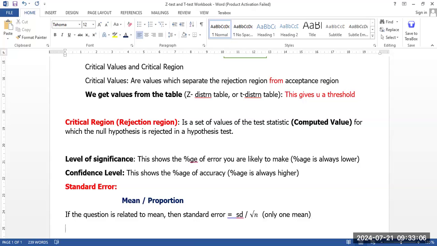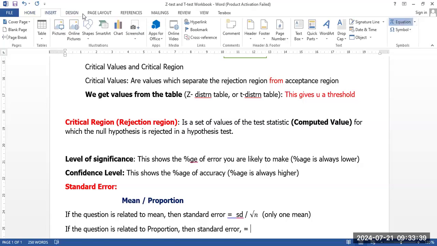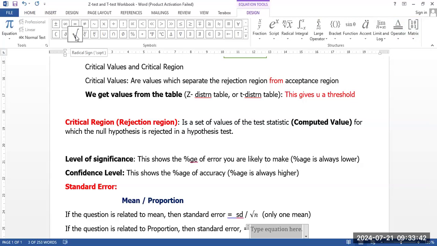Then, if the question is related to proportion, then standard error will be equal to root of PQ divided by n.